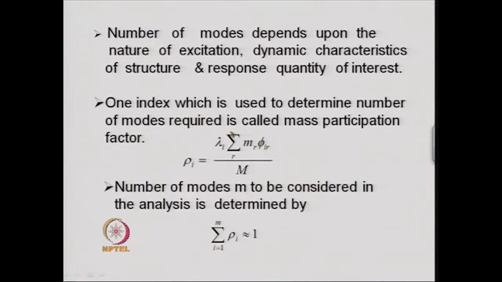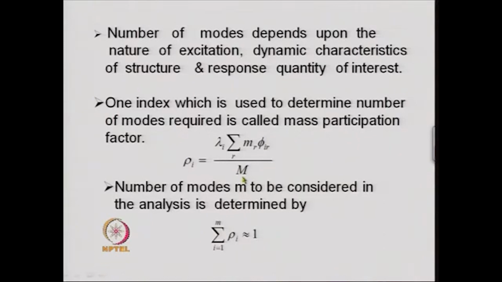If we sum this over all degrees of freedom, then we get the mass participation factor for the ith mode, and the summation that we obtain is of course divided by the total mass of the system.